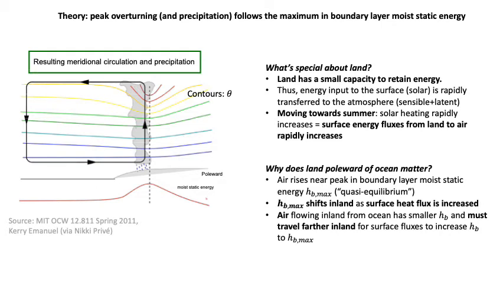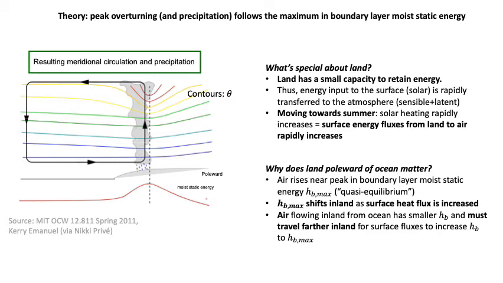The idea is that the free tropospheric moist static energy is set by the boundary layer values wherever it's convecting. So it's basically stable anywhere except where the boundary layer moist static energy can reach those values. And so the maximum in moist static energy in the boundary layer shifts inland as the surface heat flux is increased, and we're going to show what we mean by that.